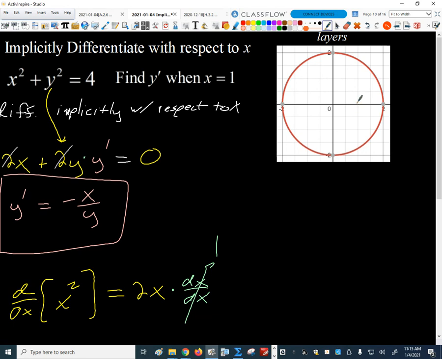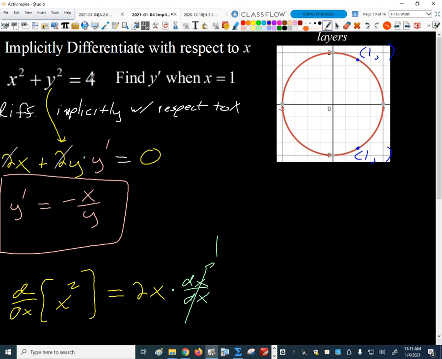When x equals 1, I've got 2 different points. I've got a point right there, which has an x coordinate of 1, and I have a point right there with an x coordinate of 1. I don't know what the y values are. I'll need to find out if I want to plug values into my derivative. But we could do that.